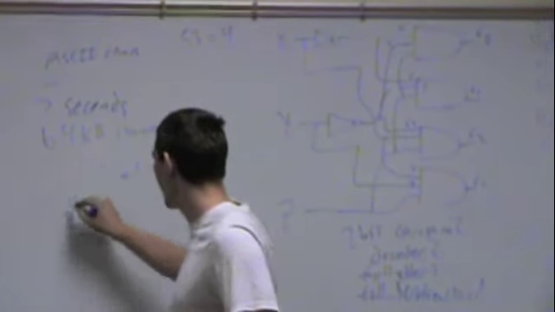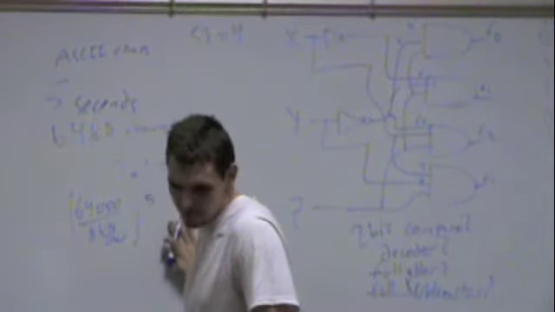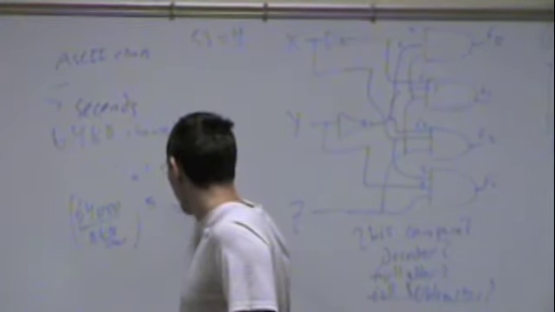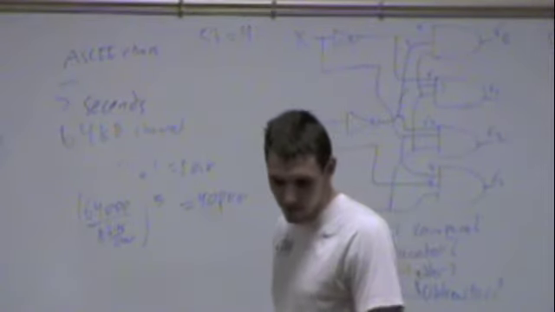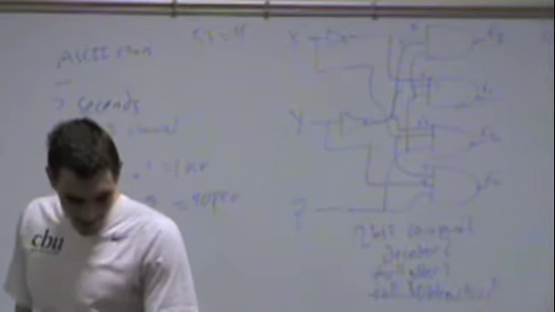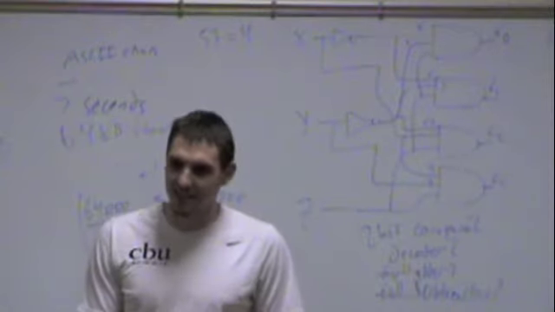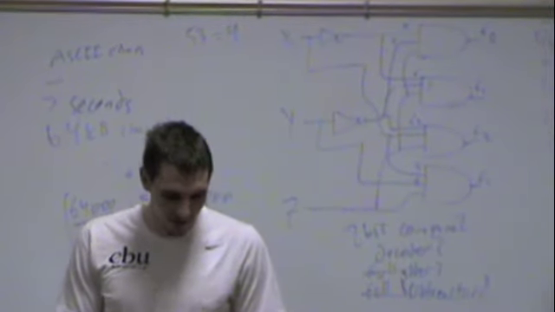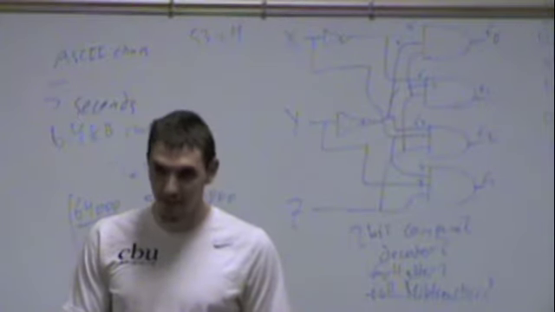Times 5 seconds, which comes out with 40,000, and your number might be slightly different. 40,960 is what you got? Yes. Is that one of the answer options? Yeah, it is. It's not the right one.